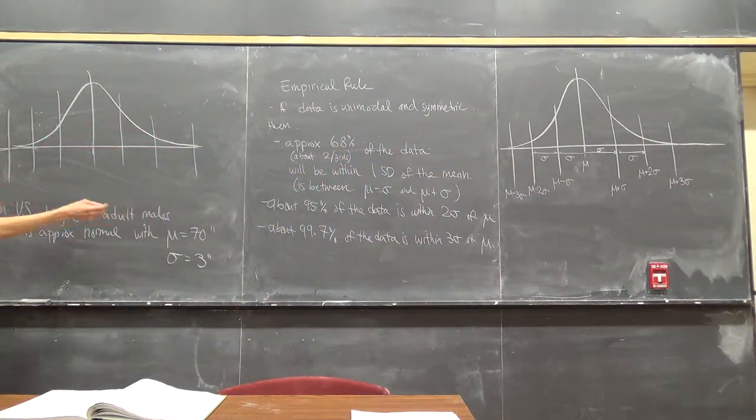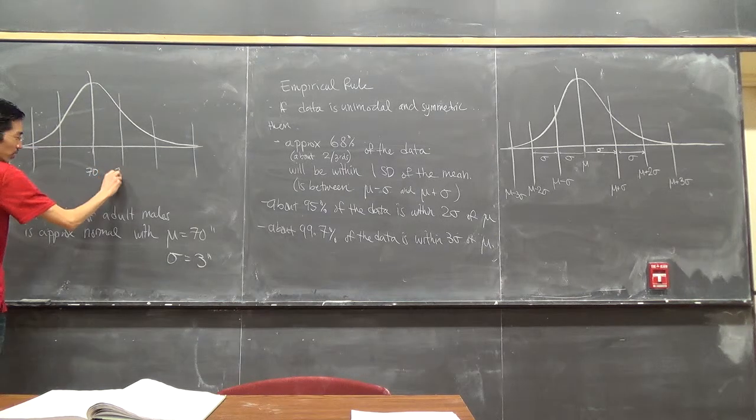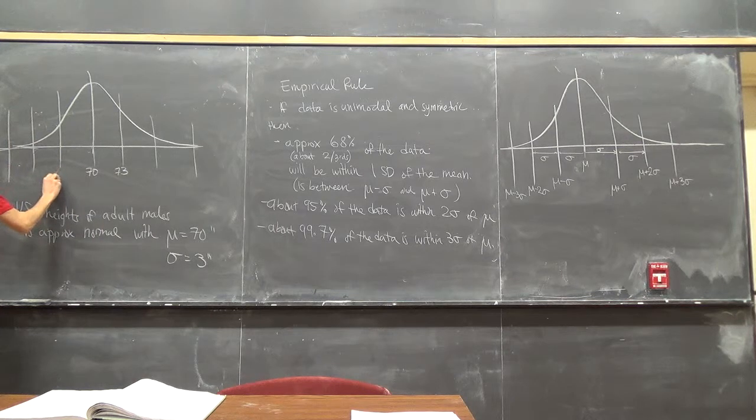So according to our empirical rule, or just our model, we would put 70 in the middle, and so within one standard deviation would be going out to 73 and 67, okay?